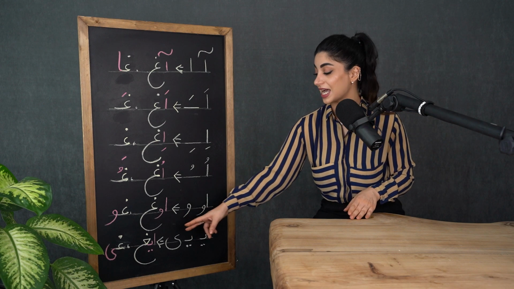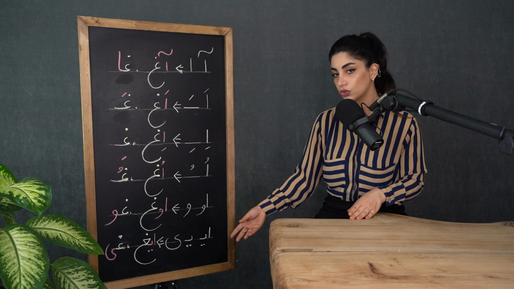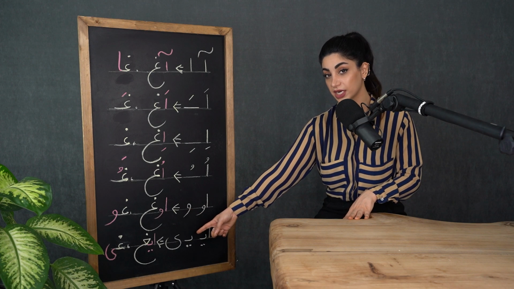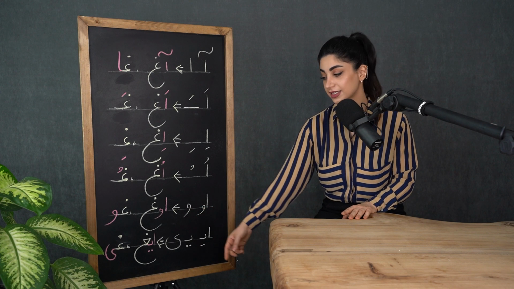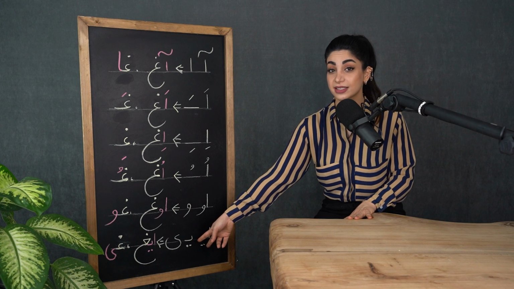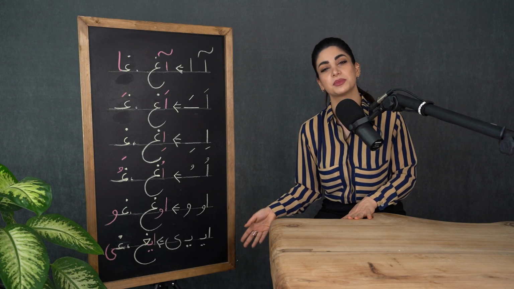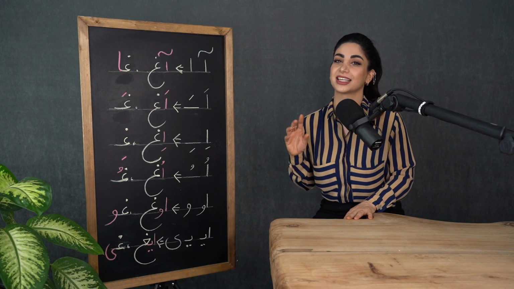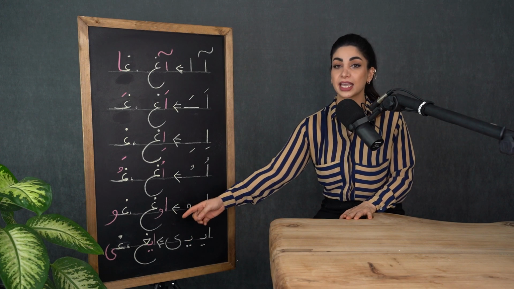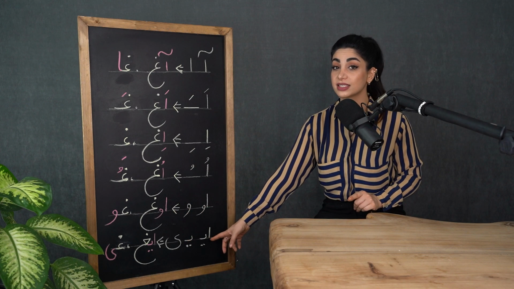When it's attached to this one, you know ein: the one that comes at the beginning, the one in the middle, and the one at the end. This one attaches from both sides, and this one sometimes attaches, sometimes doesn't. It depends on the consonant that you use.